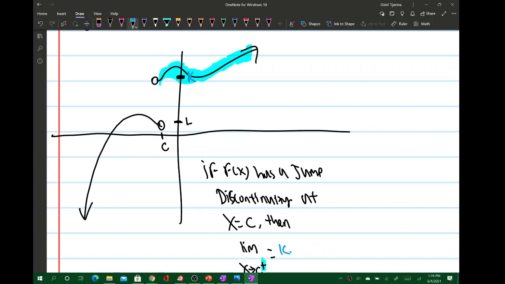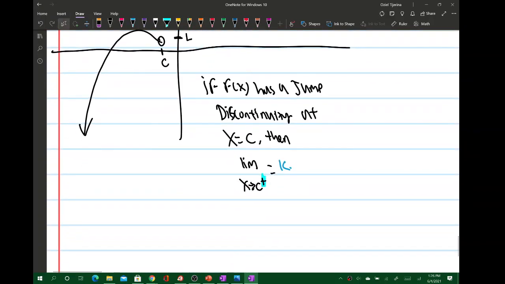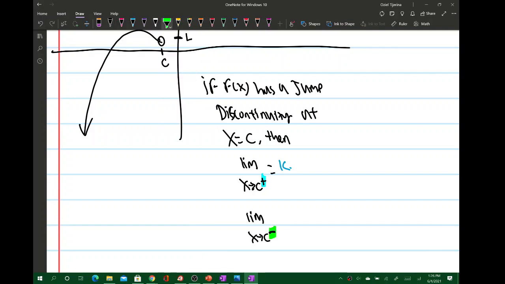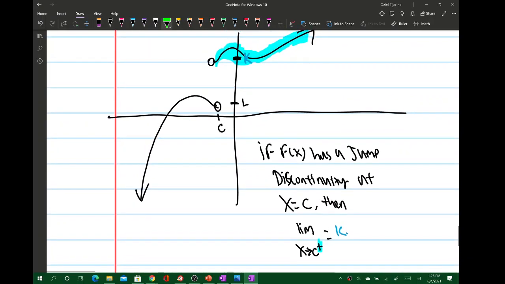And then the limit as x approaches c from the left side. What I mean by the left side is this part here.